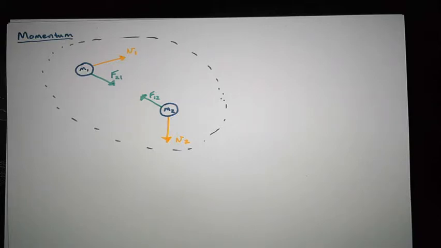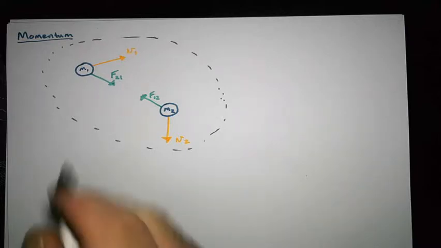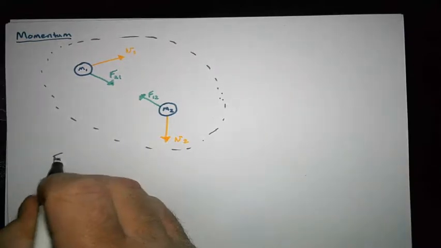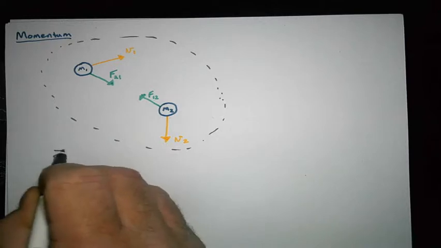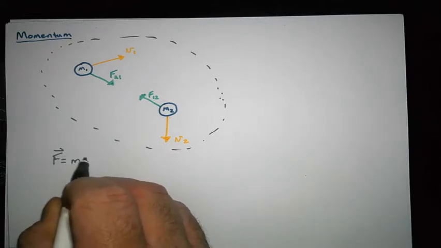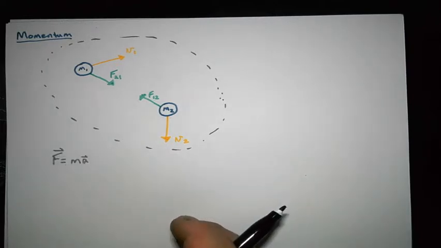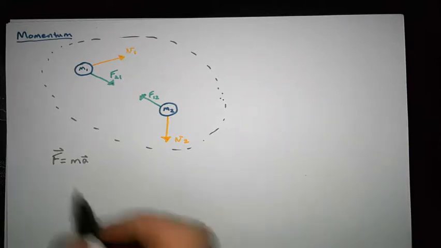The way Newton described force wasn't so much the way we talked about force. When an object has a force, we learned that force equals mass times acceleration, right? But what's acceleration?